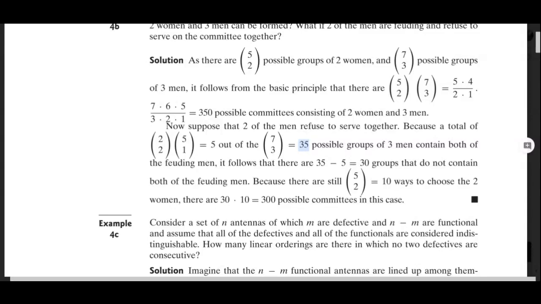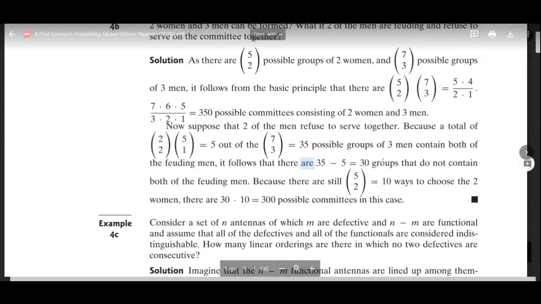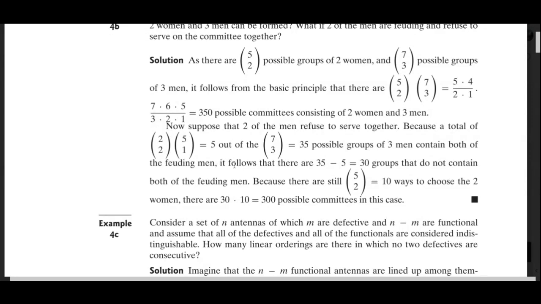Let me quickly calculate this. 7, 6, 5, over 3 factorial. Yes, so that's 5 times 7, 35 possible groups. So 5 contain both of these men. It follows that there are 35 minus 5 equals 30.